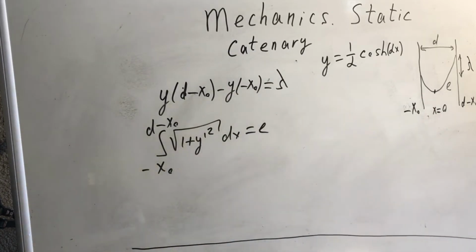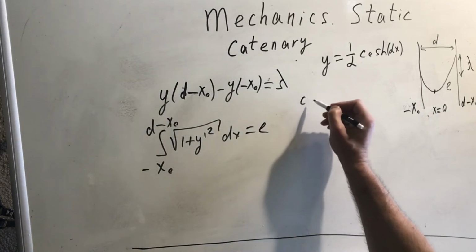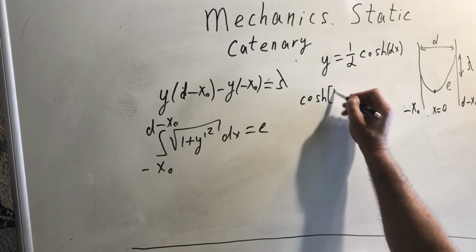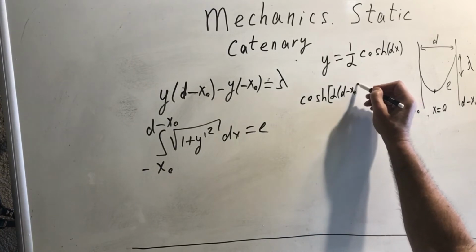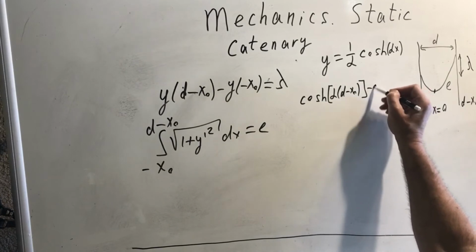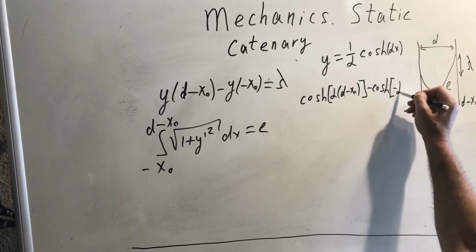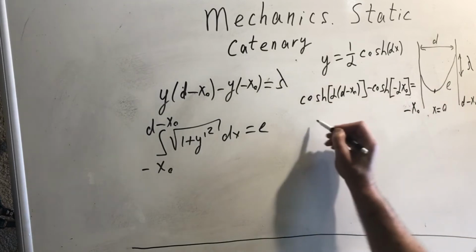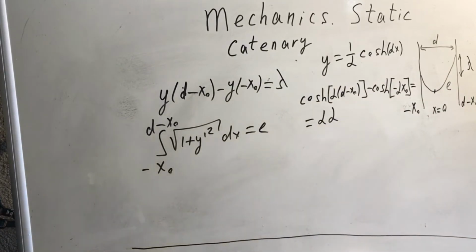This equation we can rewrite in the form of hyperbolic cosine at point alpha times d minus x0, minus hyperbolic cosine at point negative alpha x0, that's equal to alpha lambda. That's one equation.